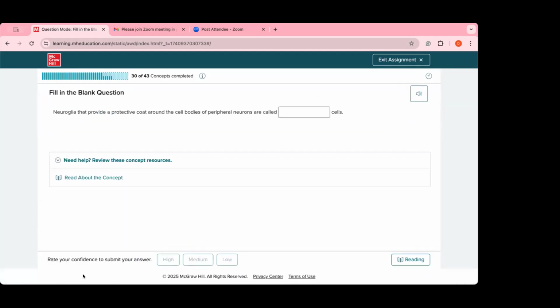Next one. Neuroglia that provide a protective coat around the cell bodies of peripheral neurons. Okay, let's look it up. I think that's either Schwann cells or satellite, but let's read it and see.